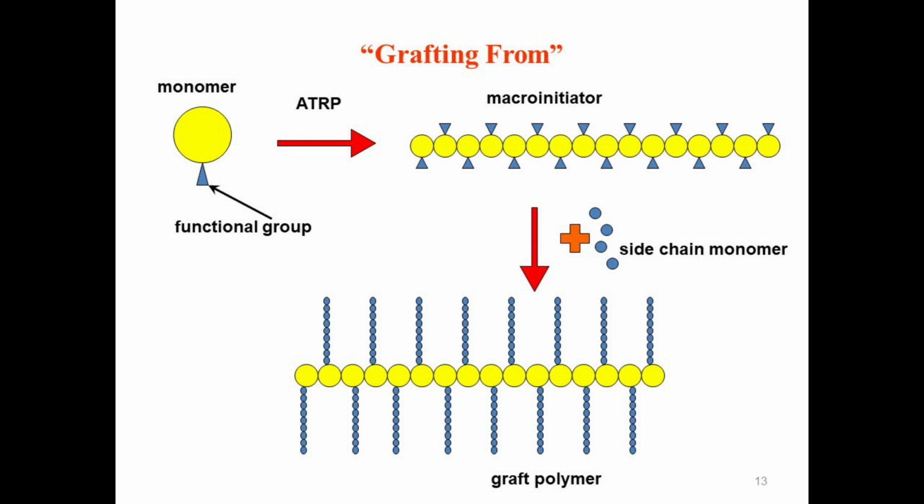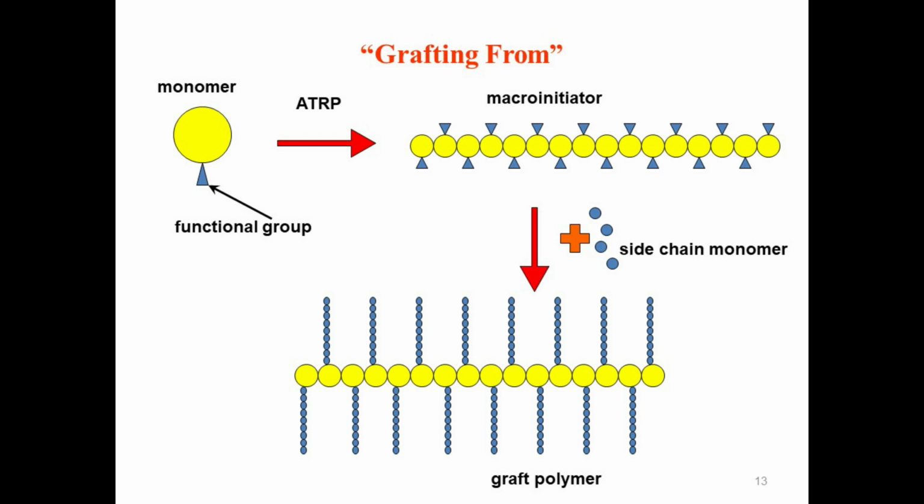Slide 13 is an easier way to understand how the grafting from technique is used. You have a monomer with a functional group, then you build the backbone using ATRP, atom transfer radical polymerization.